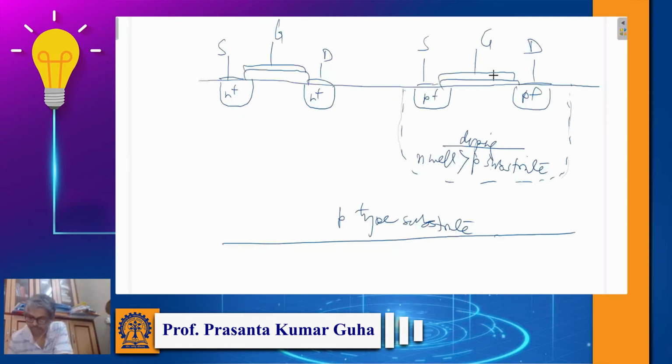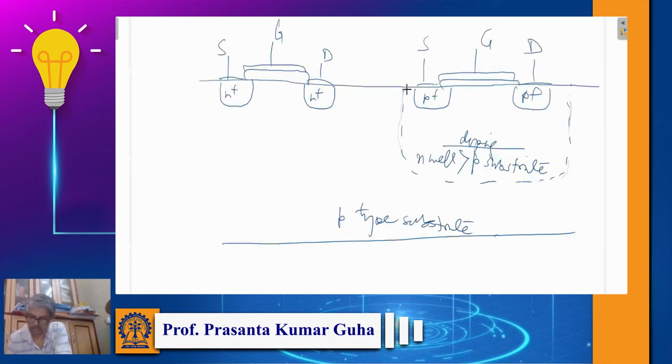That we are not going to discuss here, but for more than 40 years, close to 50 years, we have had this kind of complementary MOS, where both NMOS and PMOS can be realized on the same silicon substrate. The only thing is we have to have an N well here.